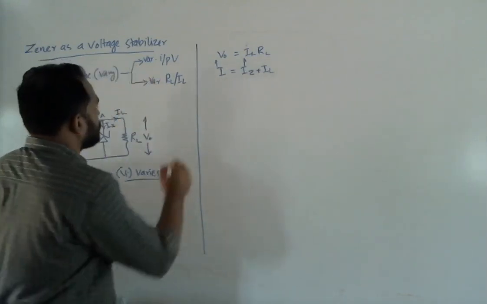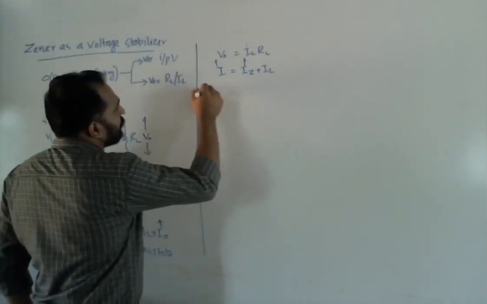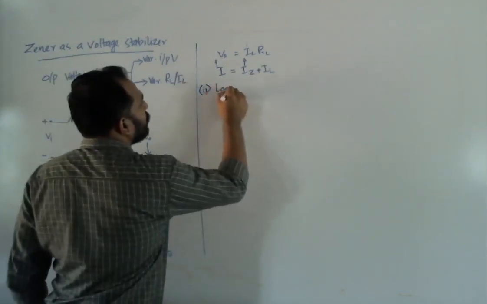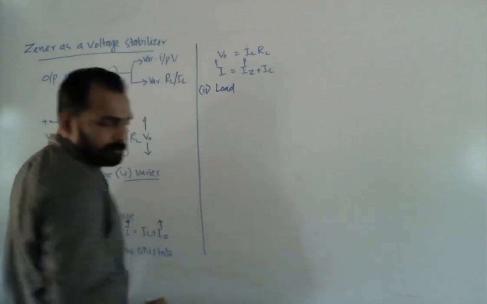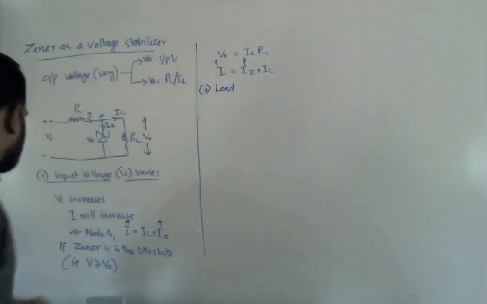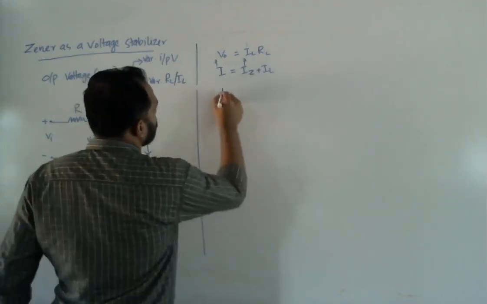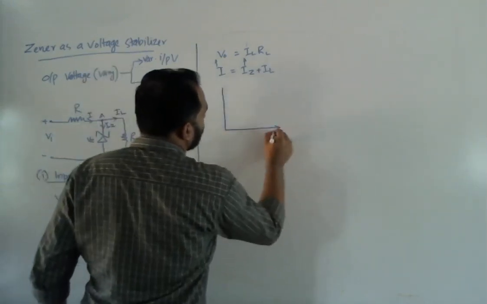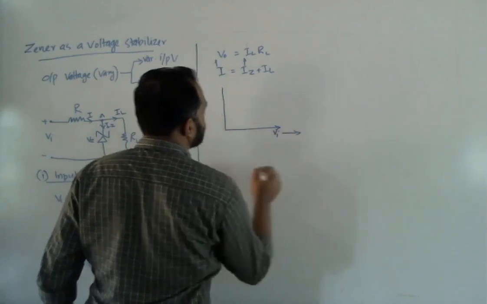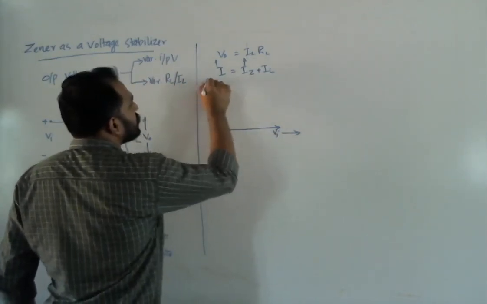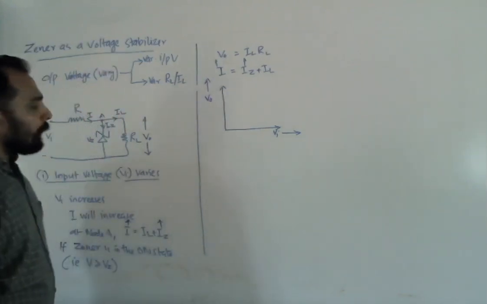Now let's see the second condition, the load variation. For that, let's draw this diagram. Suppose we take the input voltage Vi along the x-axis and the output voltage V0 along the y-axis.